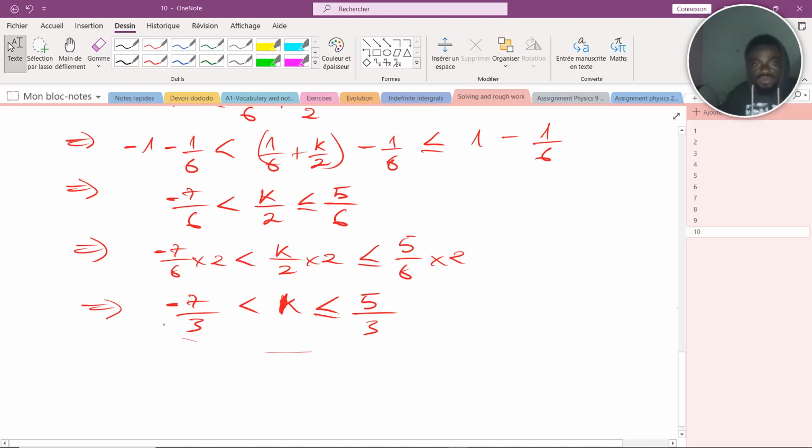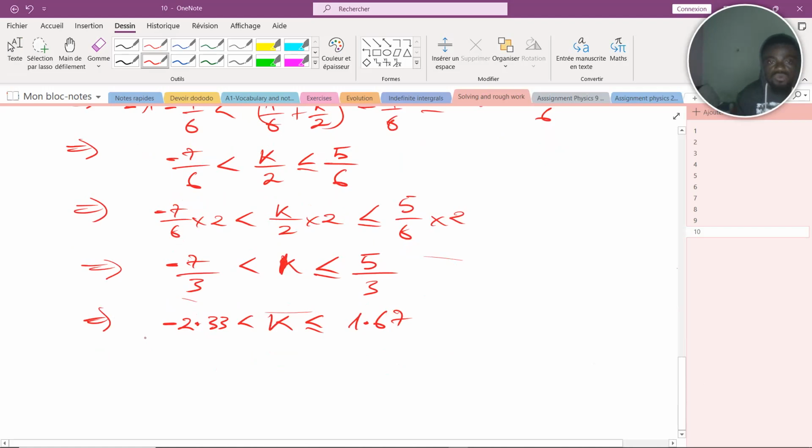When you divide -7 by 3, k must be strictly greater than -2.33, less than or equal to 5 divided by 3. Use your calculator, it gives you 1.67.